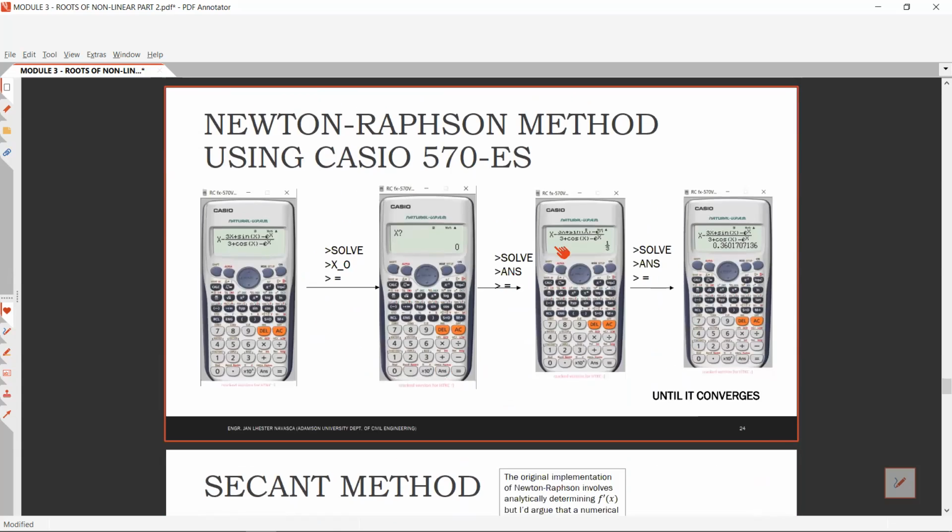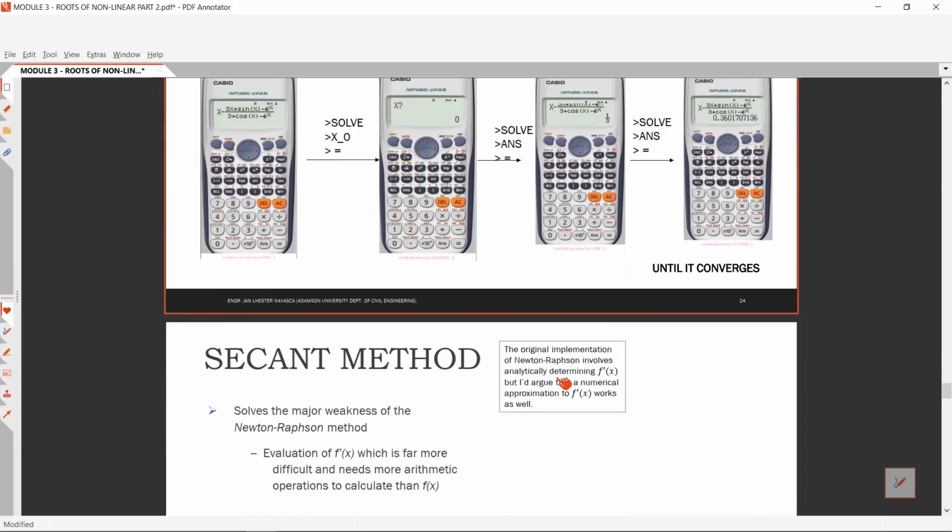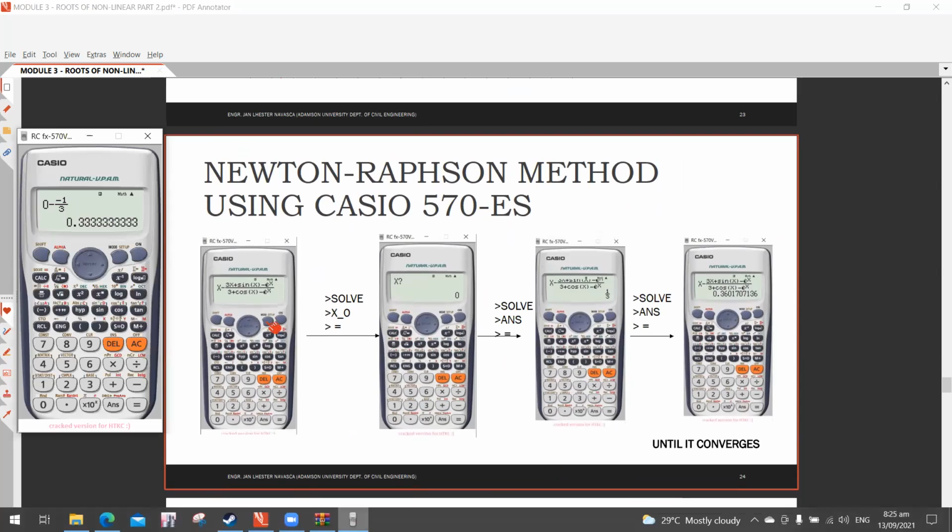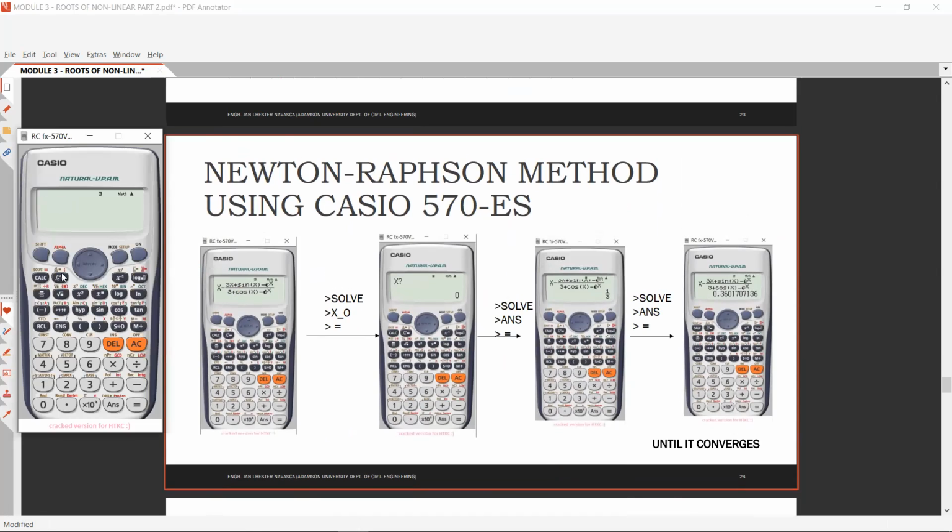So, using your calculator, sinabi ko nga, dapat ito yung nasa una. Ganito lang gagawin, class. So, isulat nyo lang yung formula dun sa calculator. So, x minus 3x plus sine x minus e raised to x.